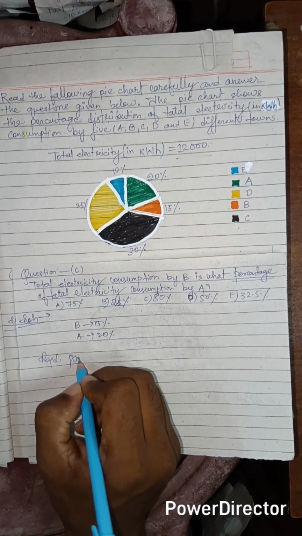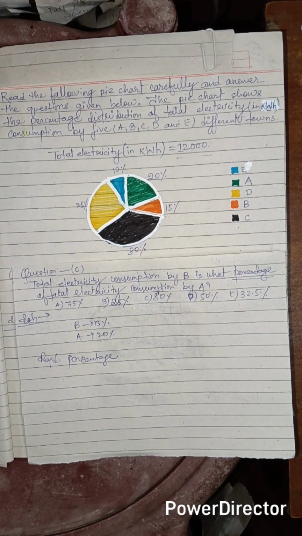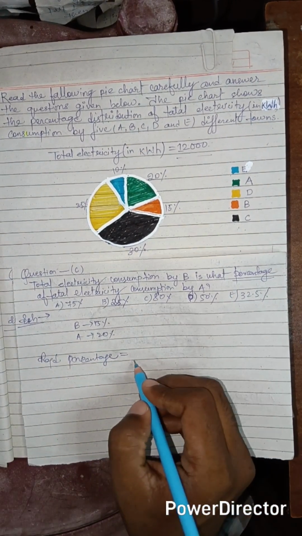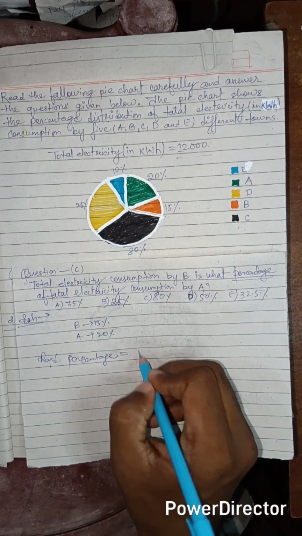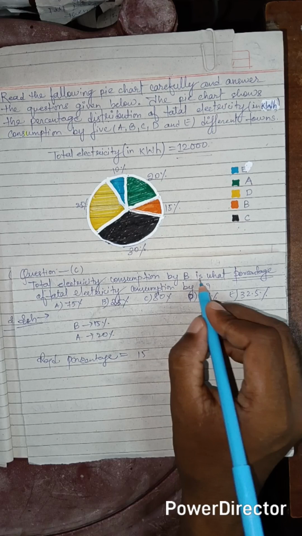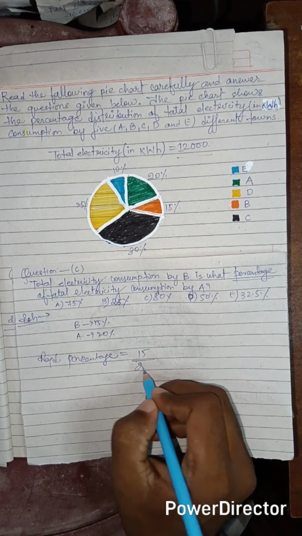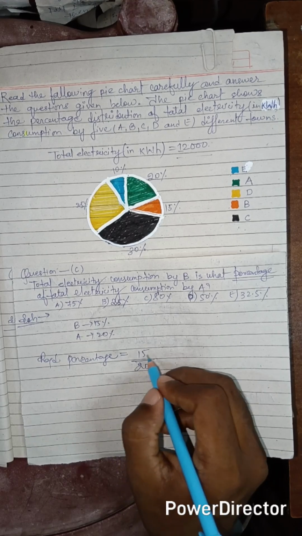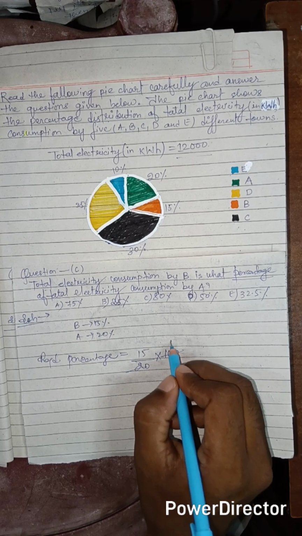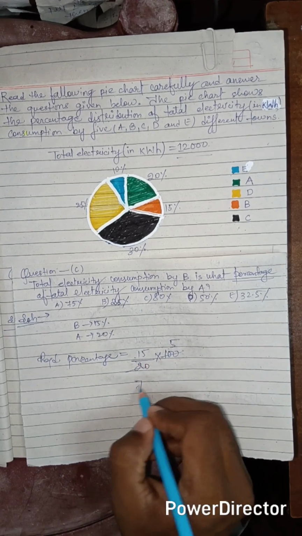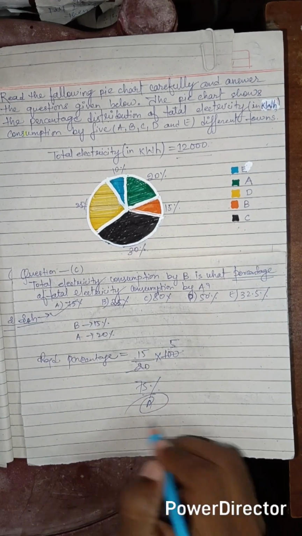Required percentage is equal to 15% as a percentage of 20%. Since we have to find the value in percentage, we multiply it with 100. 20 divides 100 five times, 15 times 5 is 75%. 75% is in option A, so option A is the correct answer.